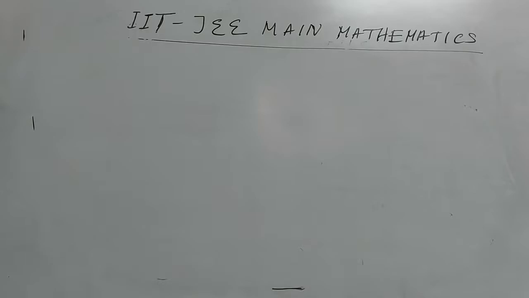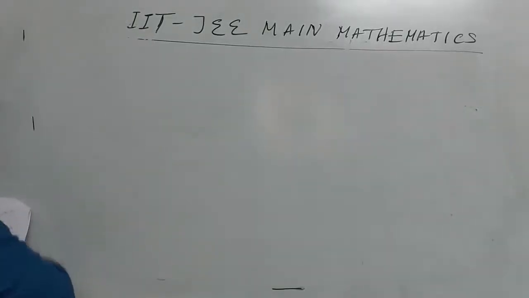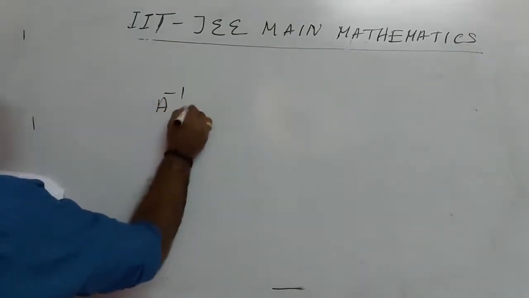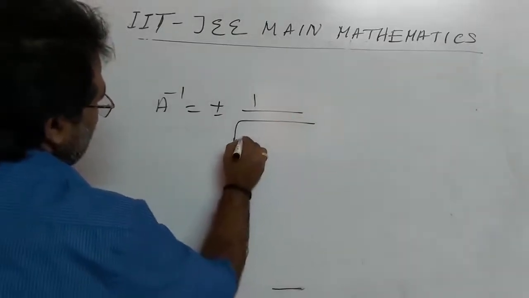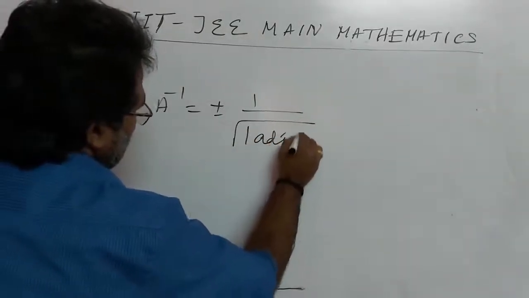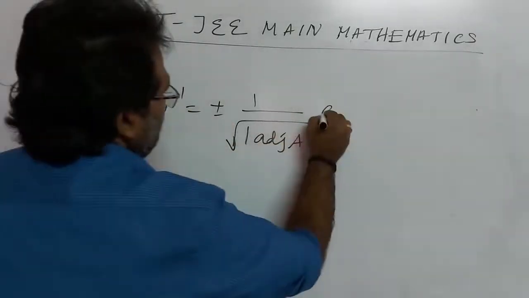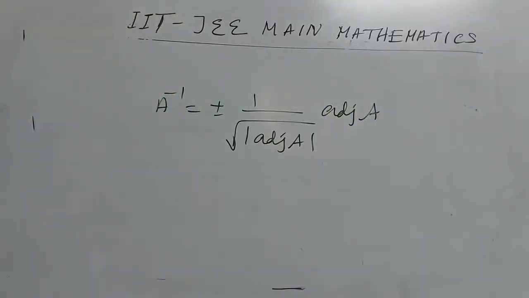If A is a non-singular matrix of order 3, then A inverse equal to plus or minus, so you can find this result in the textbook.